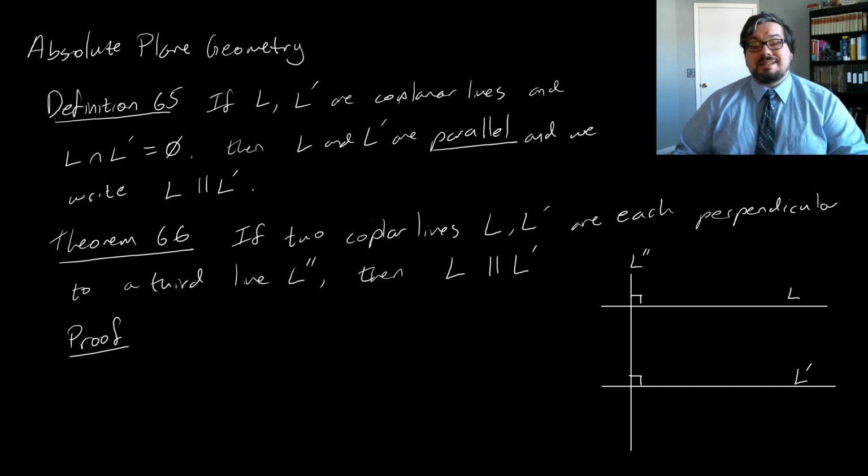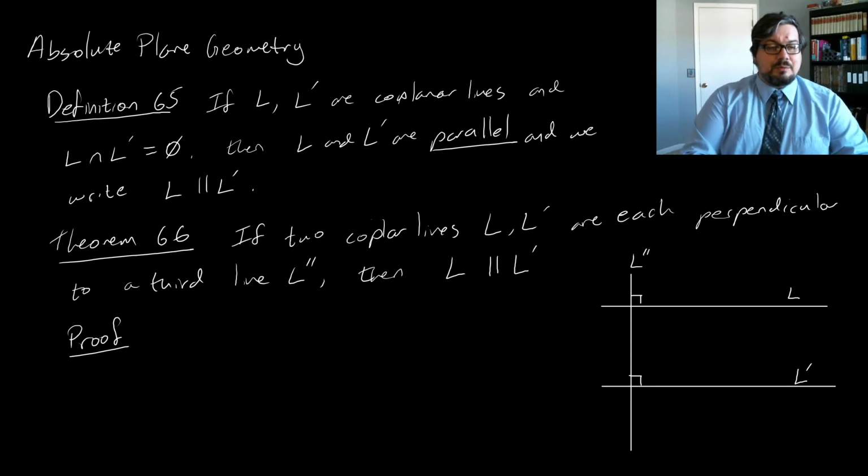We assume that there is some point that is on both lines, i.e. that the two lines are not parallel, and try to come up with a contradiction. This is actually similar to a result that we had earlier, which we can use.